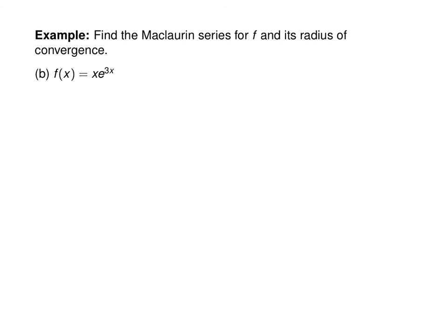Alright, here we have x times e to the 3x. So recall that the Maclaurin series for e to the x is the sum from 0 to infinity x to the n over n factorial, and that has radius of convergence r equal infinity.